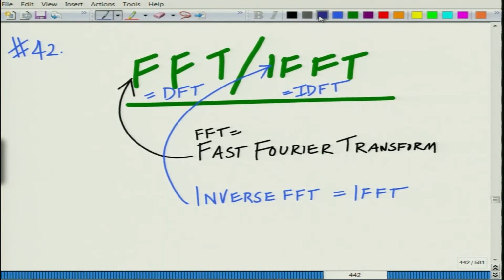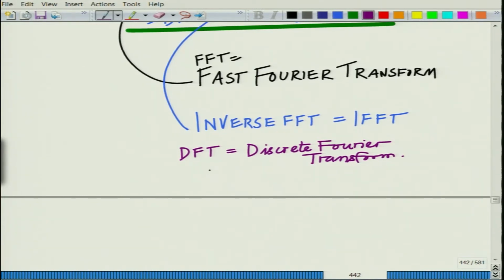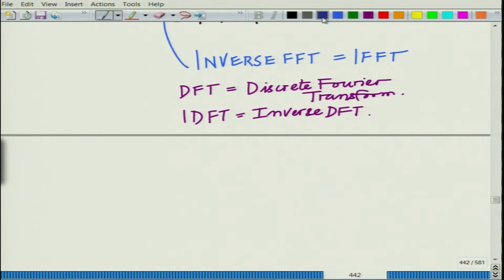And what are DFT? So, DFT equals again discrete Fourier transform, and IDFT, naturally, is inverse DFT, and these actually, as you see, are fundamentally related to the Fourier analysis of signals and systems, that is to convert this time domain representation in a certain domain, time, or in fact if you look at images and video, spatial domain, into the frequency domain and draw valuable insights such as what is the high frequency content of the signal, what is the low frequency content of the signal, and so on.